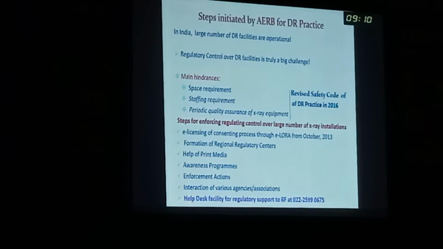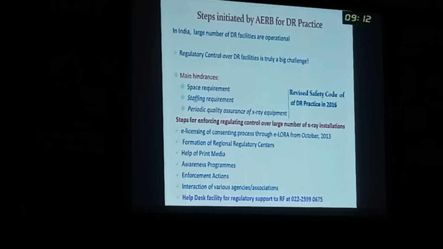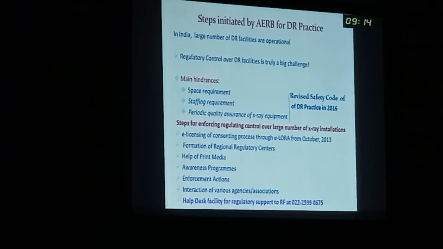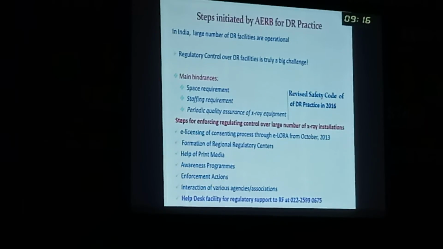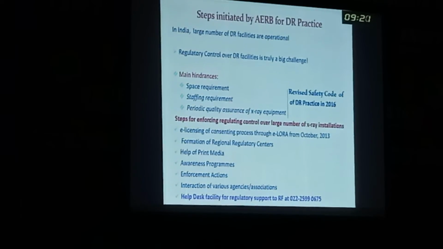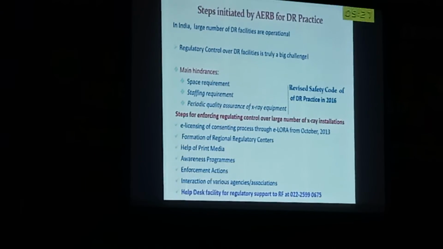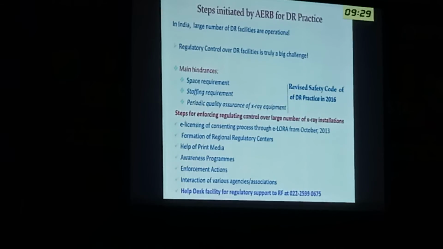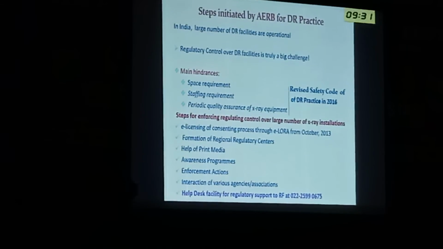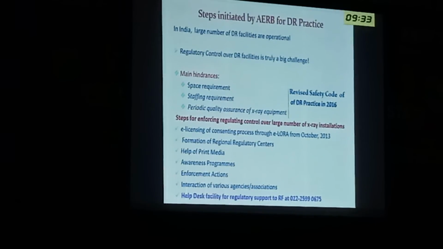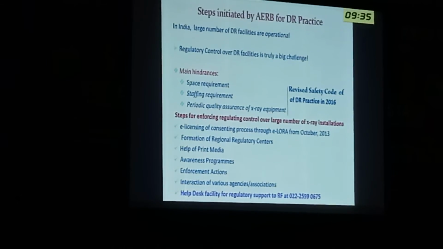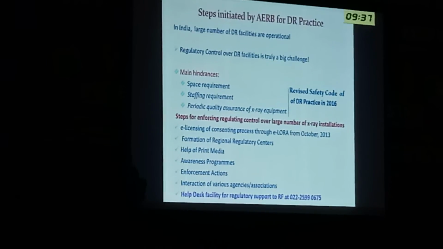Also steps for enforcement, regulatory control, e-licensing for the consenting process, and formation of regional regulatory centers. Presently there are 3 regional regulatory centers apart from the headquarters here: one is ERRC, another is NRRC, and another is SRRC. Then help of print media, awareness programs and enforcement actions, and one help desk facility has been created for giving regulatory support. That number is 0222599065.